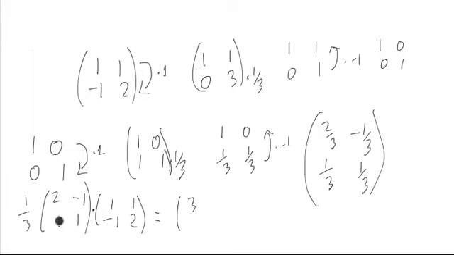And then down here, this would actually give you a 0. Then if we say 1 times this column plus 2 times that column, you actually get a 0 on the top and you get a 3 on the bottom. And notice we still have the 1/3, and sure enough, we do get the identity matrix.